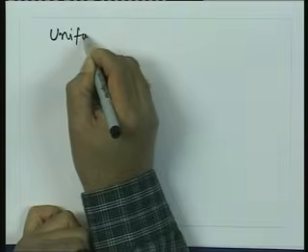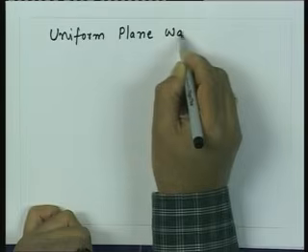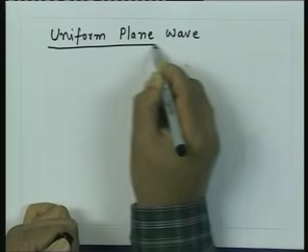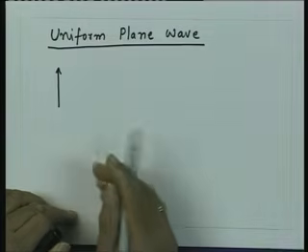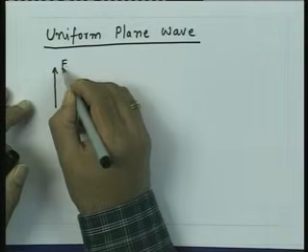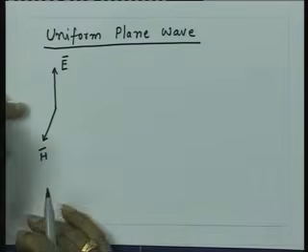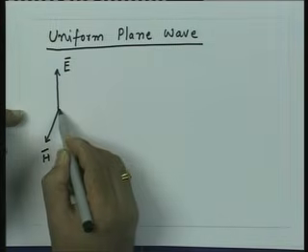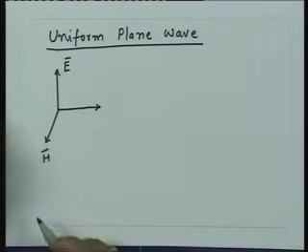So, if I take a uniform plane wave, then the electric field and the magnetic field are perpendicular to each other, and this is the electric field, let us say E, this is the magnetic field which is H, and the power will be flowing in this direction, which is the cross product of these two.